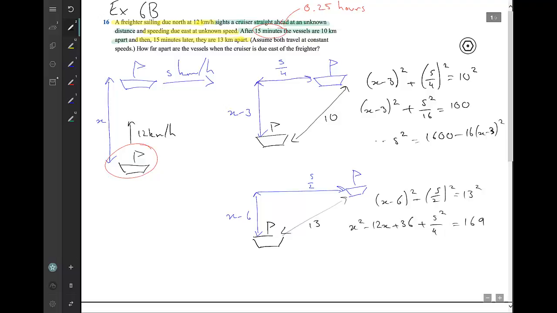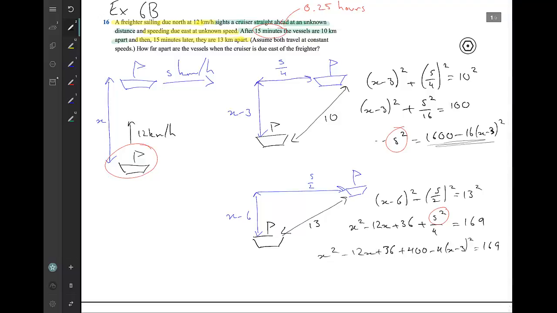Well, I can immediately substitute this s squared into here. And so I end up with x squared minus 12x plus 36. Now, if I divide all of this by 4, I end up with plus 400 minus 4(x minus 3) squared equals 169.